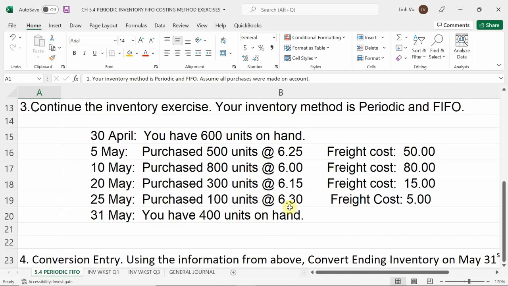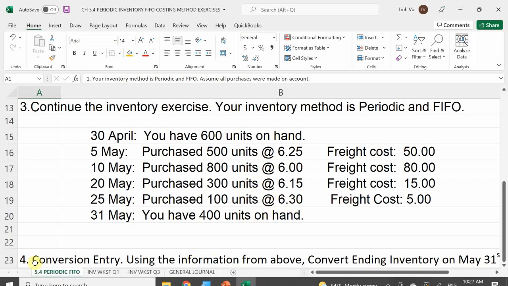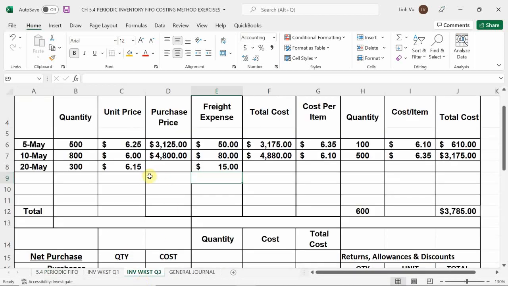May 20th, purchased 300 units at $6.15 with a freight of $15. Okay, so $1,845, good, plus 15. 1,860, bringing your cost per item to be $6.20. Good. Okay.